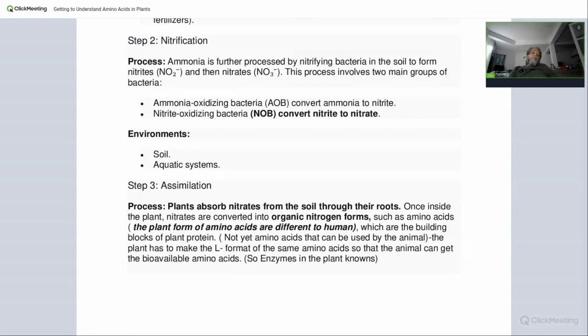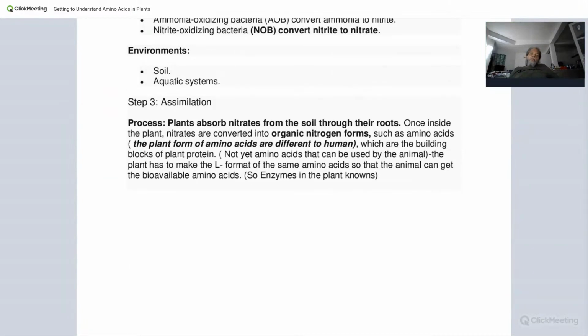And then step 3 says the plants absorb nitrites from the soil. Manny, pay attention and sit up and watch the TV, please. The plants absorb the nitrites from the soil through their roots.